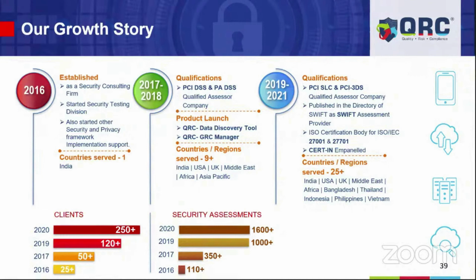By 2021, we were serving more than 25 countries and regions, including India, USA, UK, Middle East, Africa, Bangladesh, Thailand, Indonesia, Philippines, and Vietnam. On the bottom part of the slide, you will see that by 2020, QRC was already serving more than 250 clients, and we were able to give more than 1,600 security assessments.